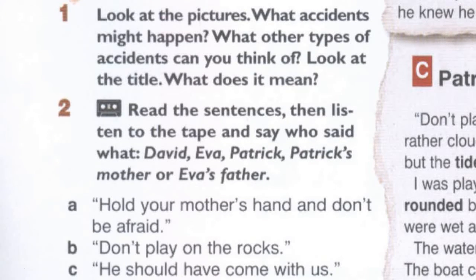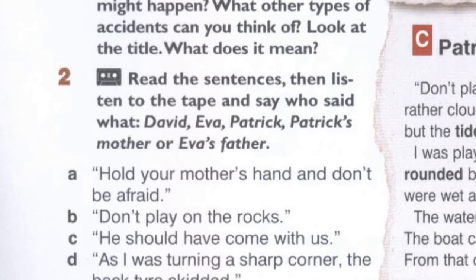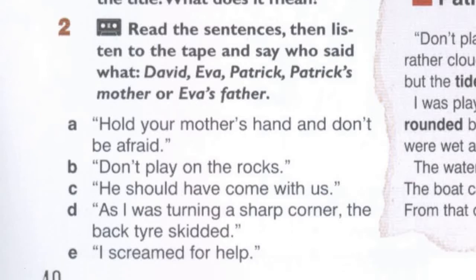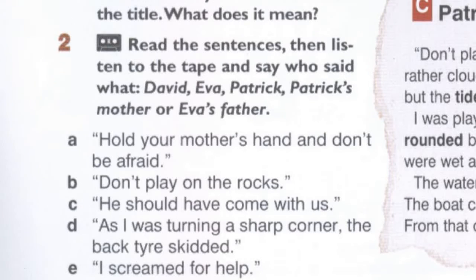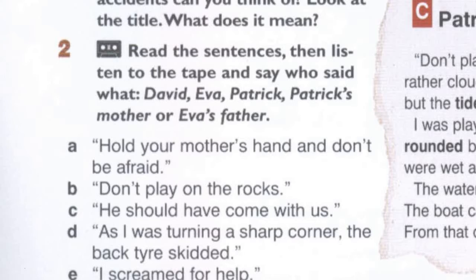You're supposed to read the sentences here and then listen. The sentences are presented as A, B, C, D, E, and the question is: you are supposed to say who said the items written in the sentences. David, or Eva, or Patrick, or Patrick's mother, and even Eva's father.